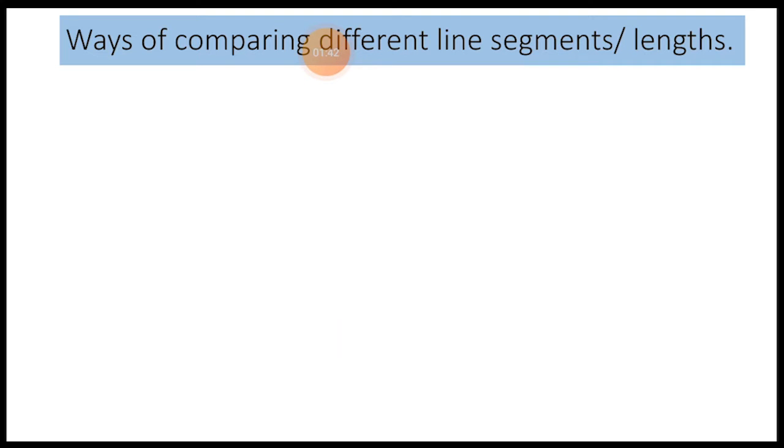So children, if we have different line segments and different lengths, how can we compare them? Only a ruler is not the way to measure any given line segment or length. Okay, so here we have the first way of comparison, by observation.